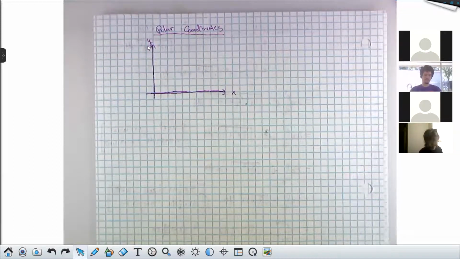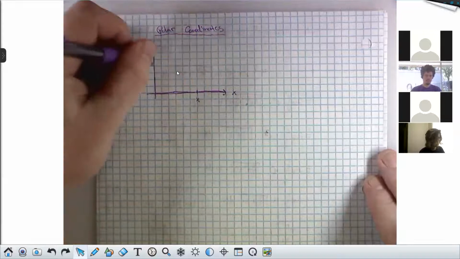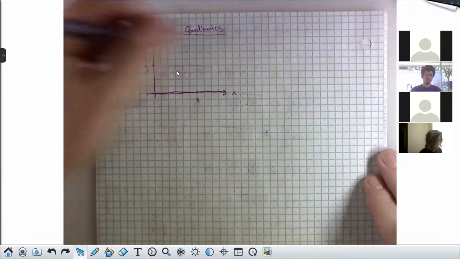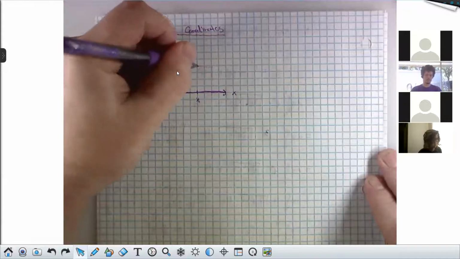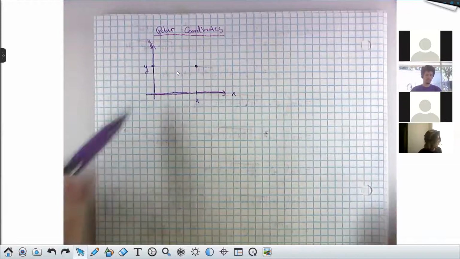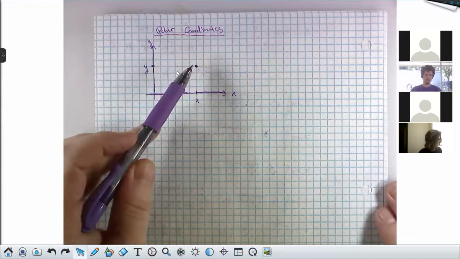All right, gang. So here's the idea. Polar coordinates, you may remember from trig, is an alternate way of thinking about points in the plane. Instead of specifying an x coordinate and a y coordinate, instead of telling you how far to go east-west and how far to go north-south, which is what we're used to, to get to this point right here, I could instead tell you how far out to walk along the horizontal axis and then how far up to rotate.